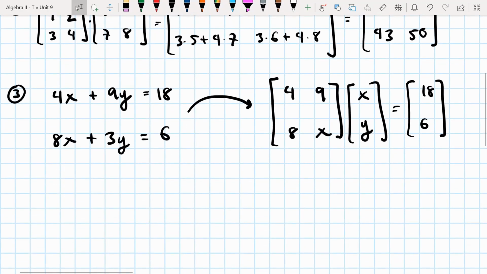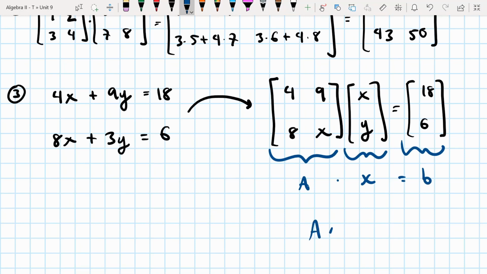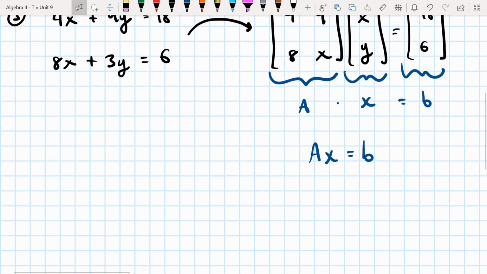So matrices are a tool used to solve a system of equations. And what we did in our lessons is we basically took this and converted it into an equation where we get Ax equals B, where A, x, and B are all matrices.